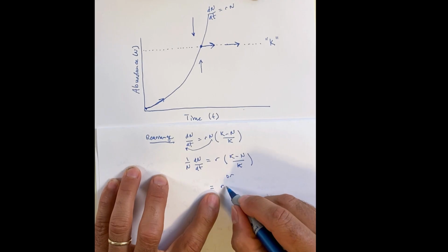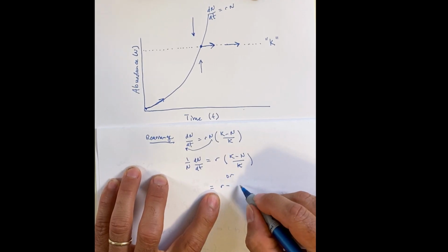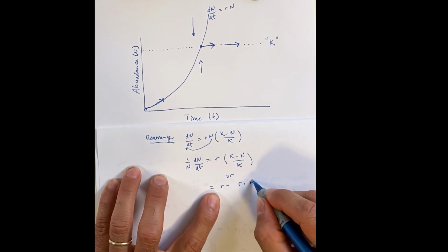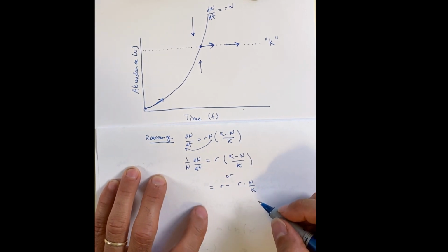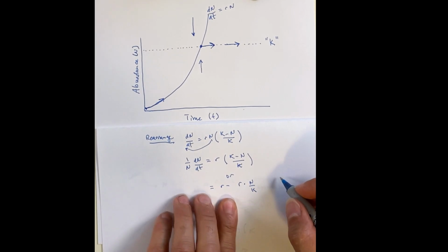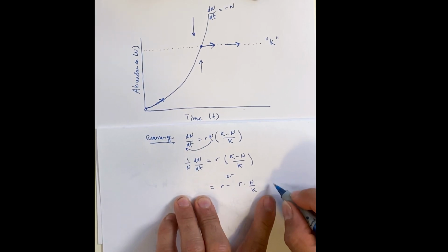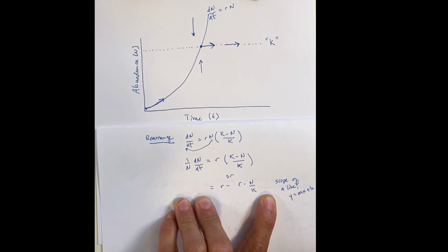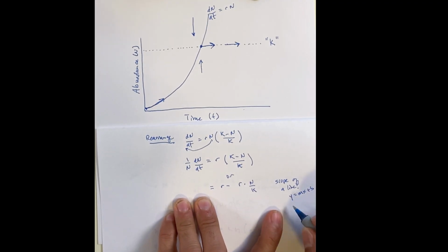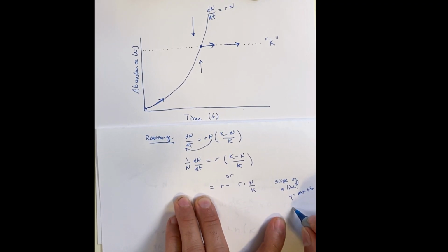We could rearrange this right side into this form here, which is r minus r times N over K. That's just taking the r and multiplying it out, doing some distributive properties. If you squint really hard, actually maybe not all that hard, you might recognize that this is basically the equation of a line. y equals mx plus b.